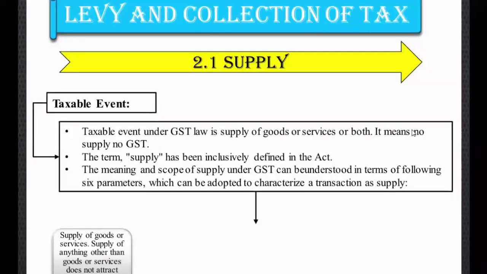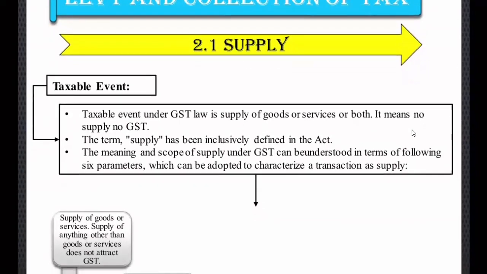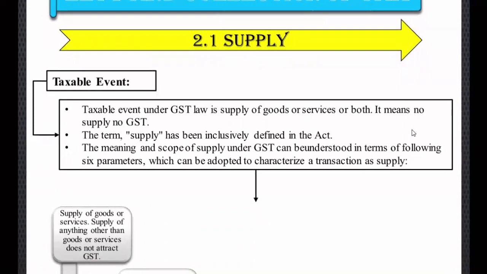So it is basically levy and collection, and under that we are starting supply. Now, supply is the taxable event. Taxable event, charging event, call it by whatever name. If there is supply, GST will definitely be there. The taxable event in the GST law is supply of goods or services or both. It means no supply, no GST.